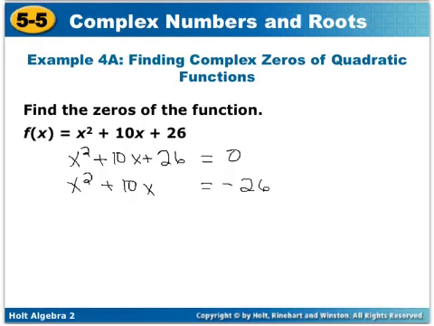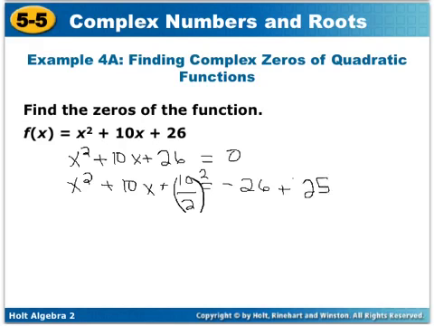Now I want to add my box. Okay, in the box goes b over 2 squared. I'm going to erase the box because I'm going to have a really hard time writing inside of it. b over 2 squared, which is 10 over 2 squared. 10 over 2 is 5, 5 squared is 25.